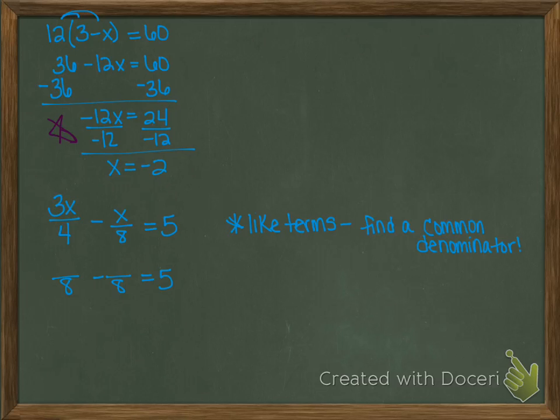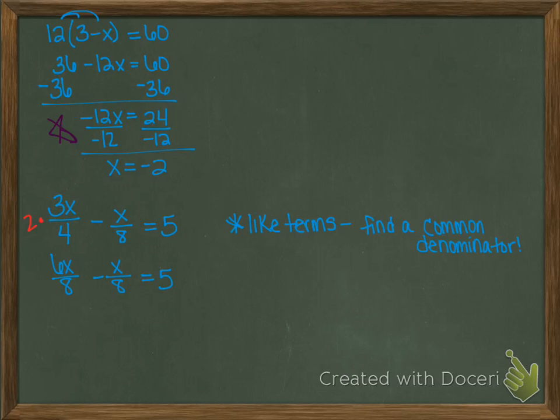Okay, so common denominator is 8. On the right-hand side, on the other side of the equal sign, I don't have to change that to a fraction. I can just leave that as 5 for now. So my first 3x over 4, I noticed I had to take 4 times 2 to equal 8, so I need to multiply the numerator times 2, and that'll give me a 6x.